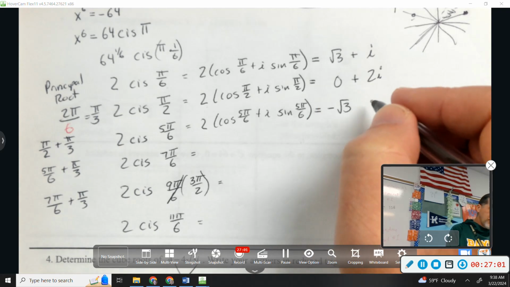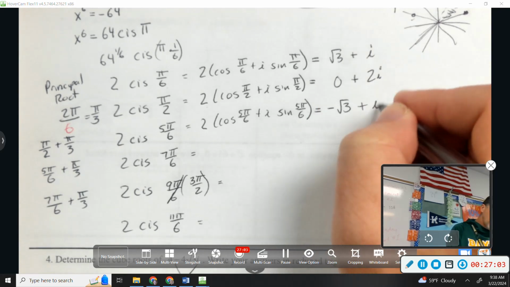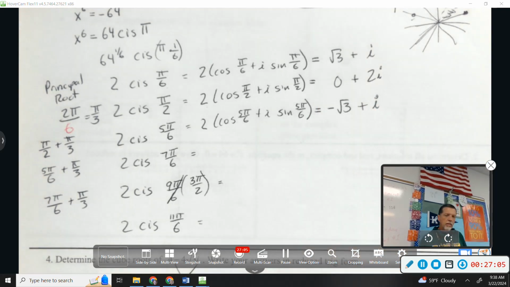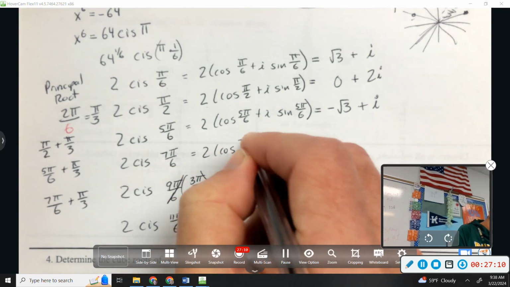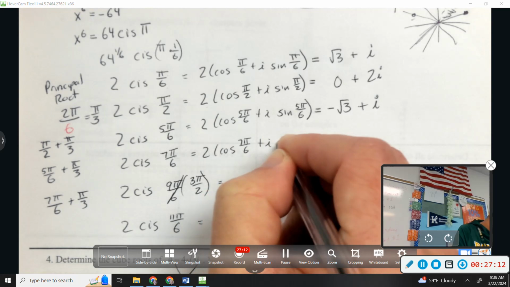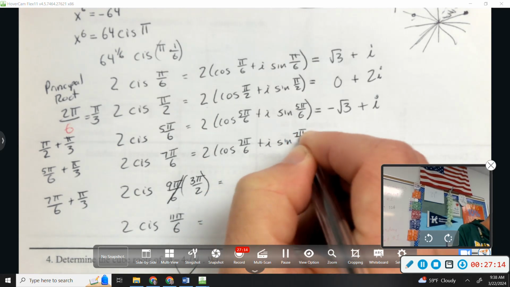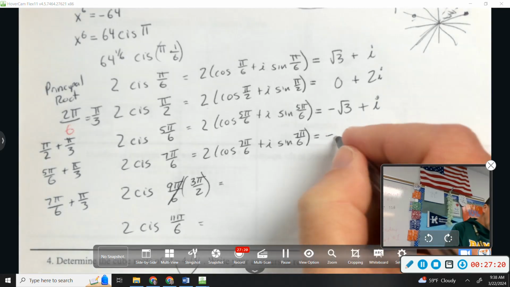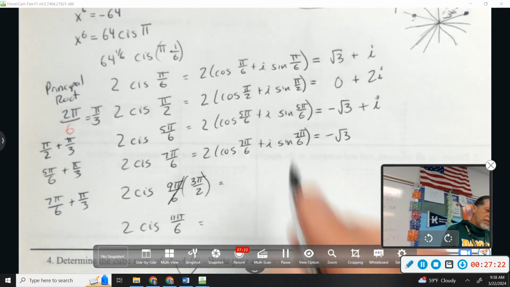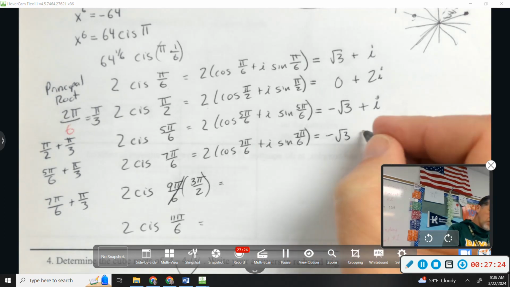Sine of 5 pi over 6 is a half, so plus i. Cosine 7 pi over 6, sine of 7 pi over 6. So that's also negative root 3. But sine of 7 pi over 6 is down, so minus i.